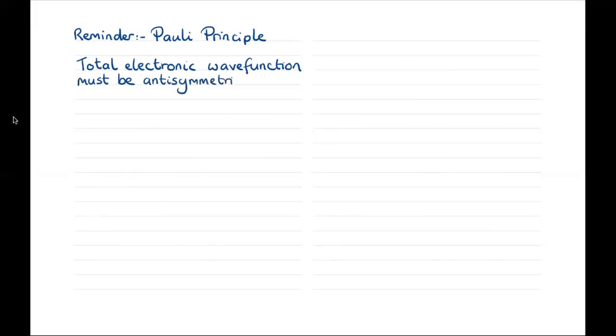A more rigorous way of stating the Pauli principle is that the total electronic wave function must be antisymmetric with respect to the interchange of any 2 electrons.